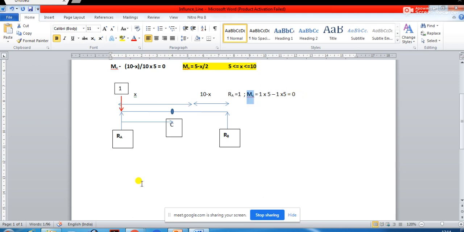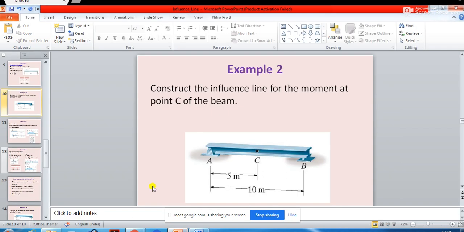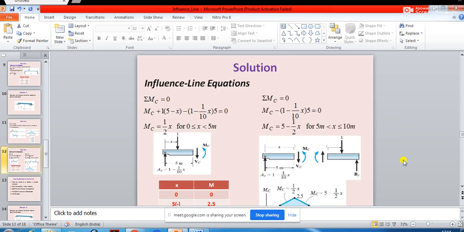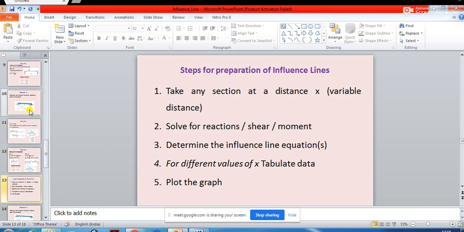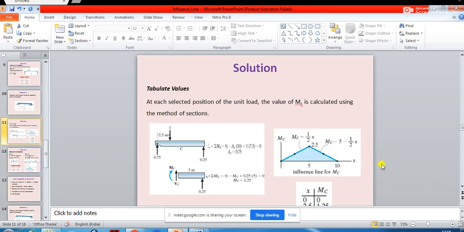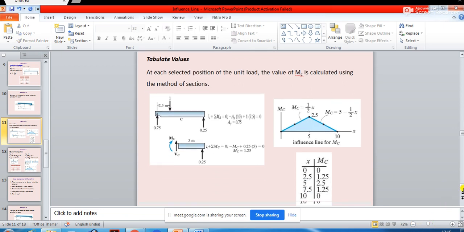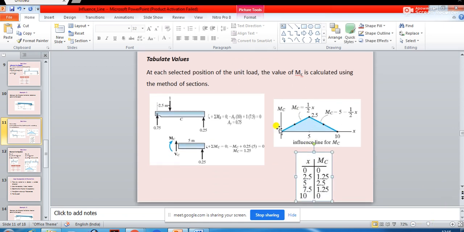Now let's say, as I have shown you in this example also, let us go to this table, forget about this, just see this one. So you see, at 0 the moment is 0. So at 2.5 what will happen, you tell me.